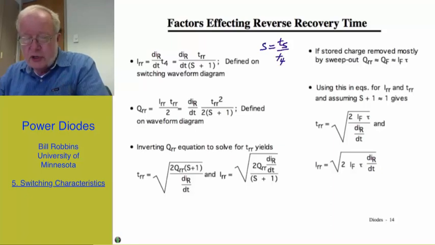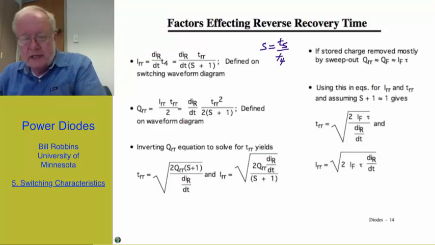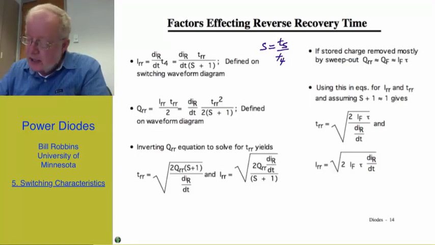So if you have a very short turnoff, a very so-called snappy turnoff, T5 is quite small, and you're going to get very large rates of change of current, and hence any inductance is going to probably give you a significant overvoltage. We can also write an expression for Q sub RR, as I've done here.